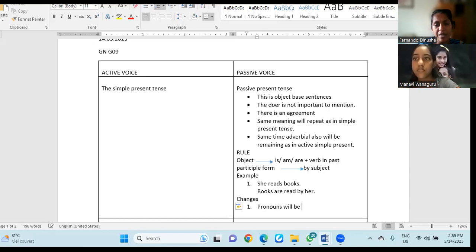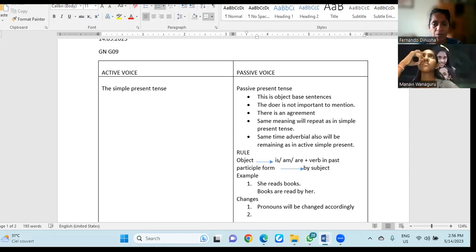Pronouns will be changed accordingly, because we cannot use pronouns as we wish. Now, she: whenever she goes back, it should be her, as she cannot go there, right? If there is an object pronoun, as an example, she helps me, then whenever me comes to the front, it should be I. Okay, that is what it said.